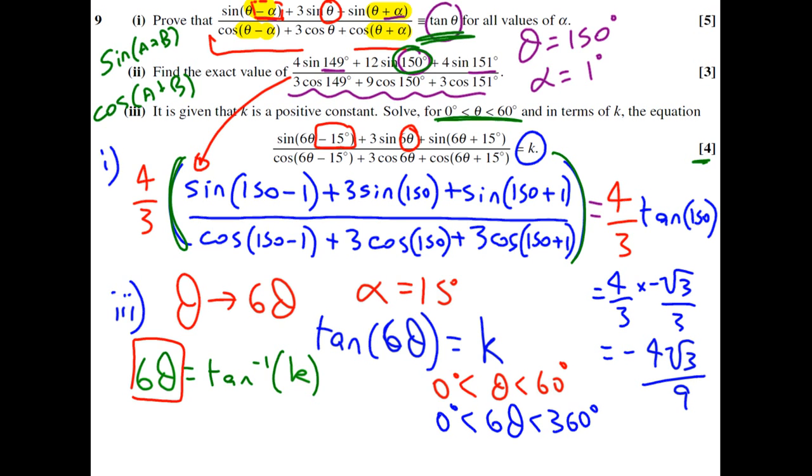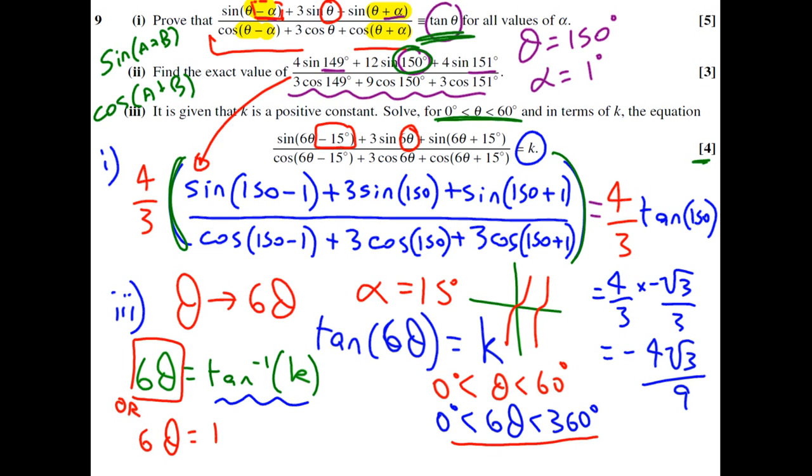Now think about your tan graph. The tan graph, you need to just add on 180 or take away 180 degrees to get the next solution, because that is periodic. Now your calculator is going to give you the smallest possible angle that works. So to get the next one within the range, you're going to have to add on 180 degrees.